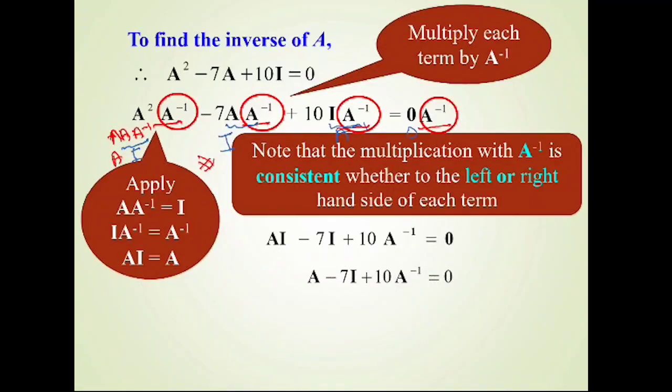So that's where I get A squared minus 7A plus 10 A inverse equal to 0. Rearrange the equation so that A inverse is the subject, and then bring 10 to the right side, so it'll be 1 over 10 multiplied with 7I minus A. Well, what is the A inverse matrix?